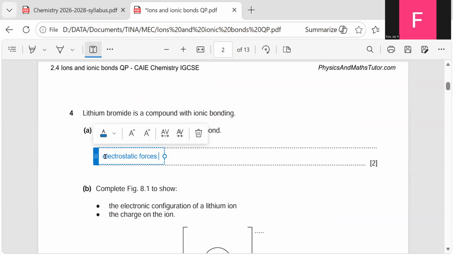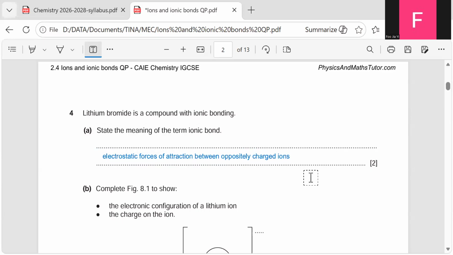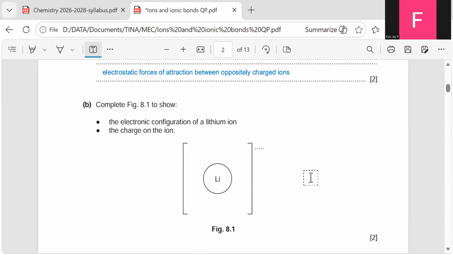Electrostatic forces of attraction between oppositely charged ions. Okay, draw this quickly. This one you must know.